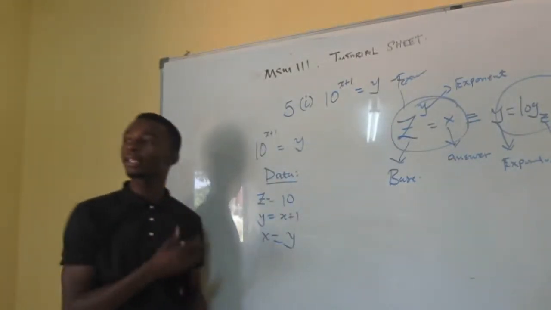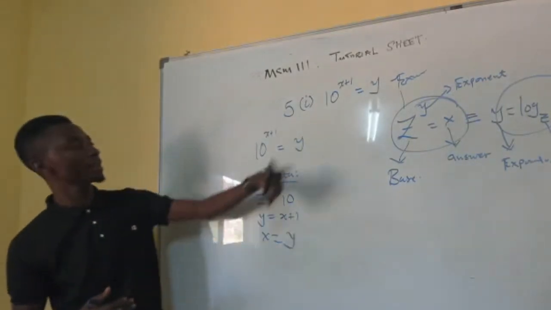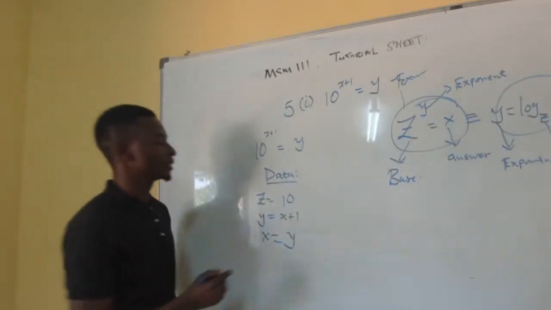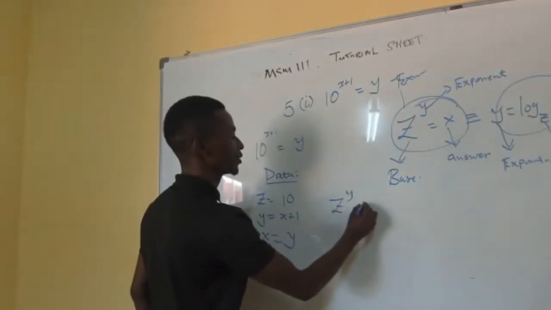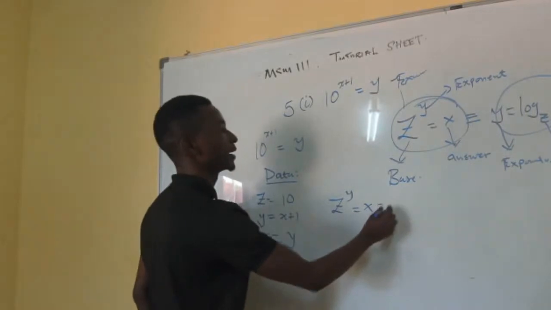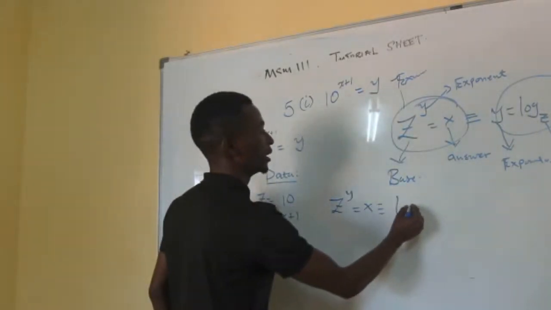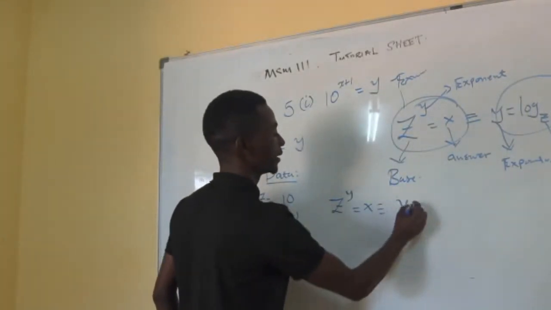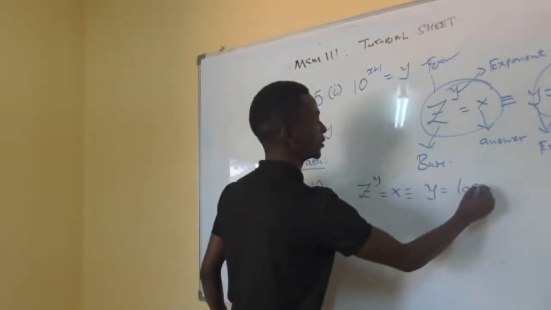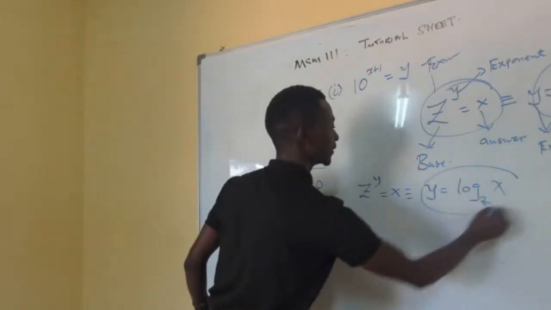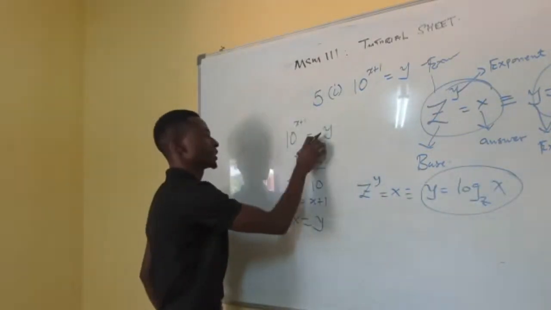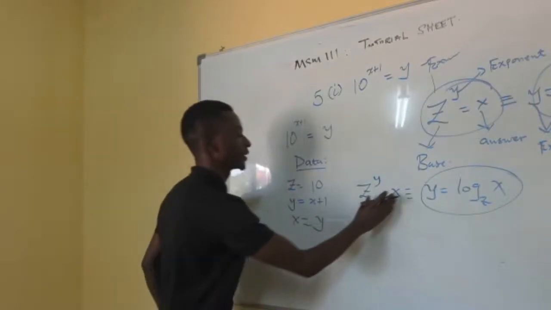Since we've collected data, now we can substitute. We are saying z to the power y equal to x in exponential form is equivalent to y equal to log z x. Let's use this one because we want to change this into logarithmic form.